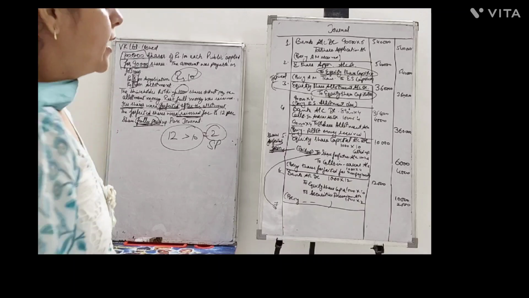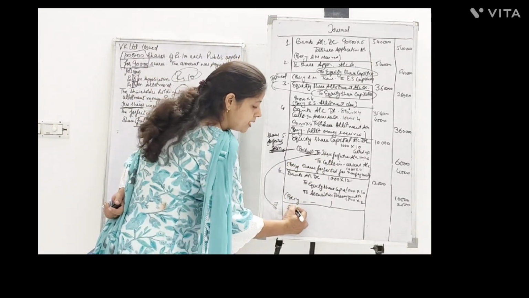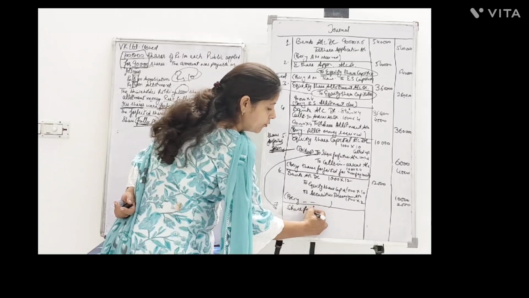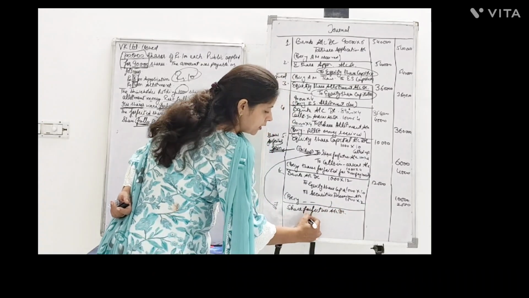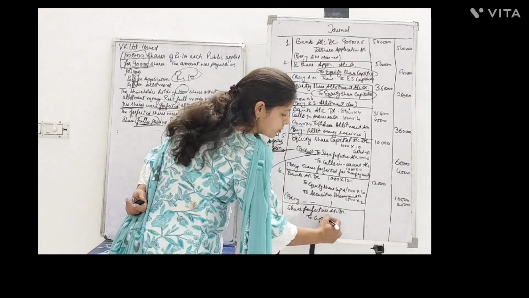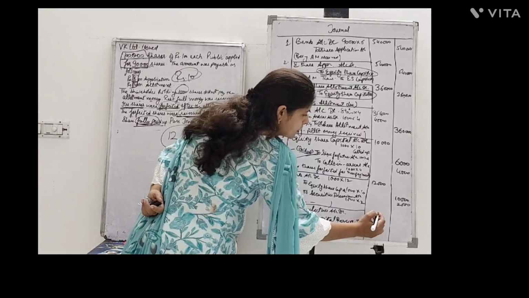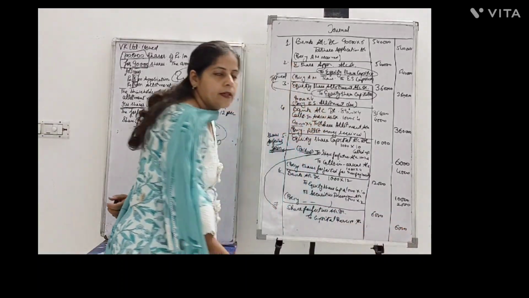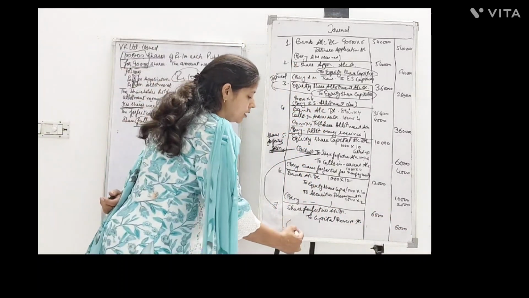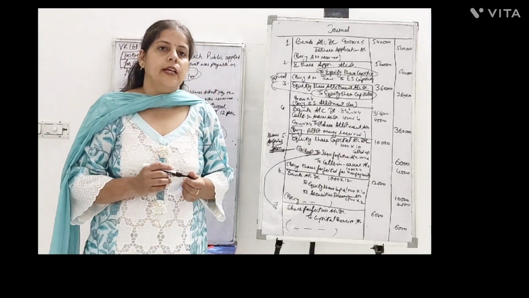So in this case also, the share forfeiture account would be fully transferred to the capital reserve account. So the whole profit of rupees 6,000 is transferred to the capital reserve account, being the gain on shares forfeited transferred to capital reserve account.